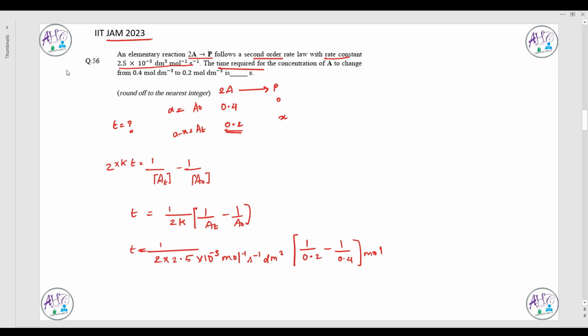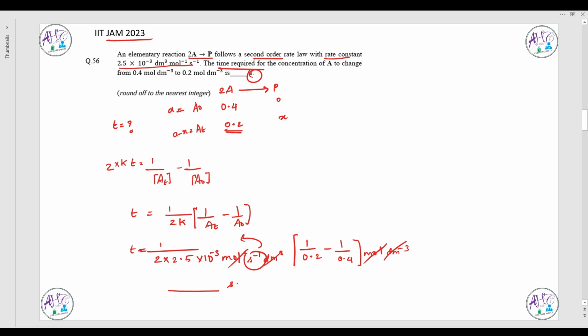These are concentrations in mole per decimeter cube, so mole per decimeter cube will cancel and you'll have second inverse. So the unit is 1 by second inverse, which goes up, so it will be converted to seconds, so the value will come in seconds.